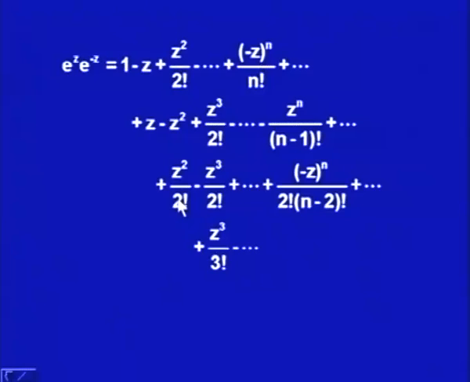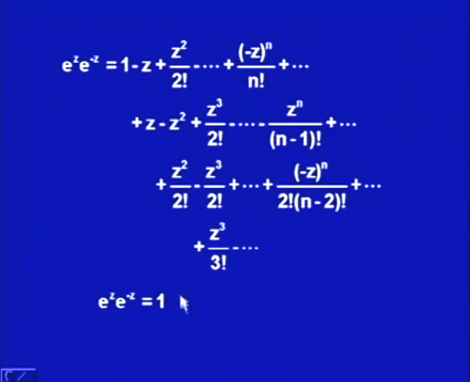So, they cancel out. Similarly, for z cubed, this term and this term will cancel out, and this term and the next term here will cancel out. This way each and every power will be 0, and what we have is simply the first term 1. So, that proves the result that e^z into e^(-z) is equal to 1.